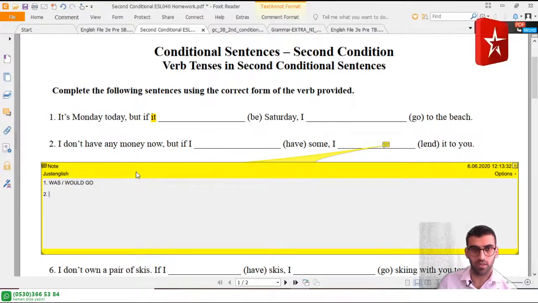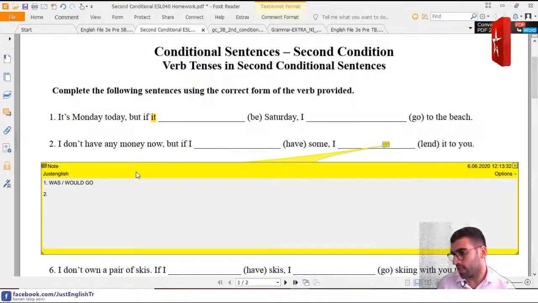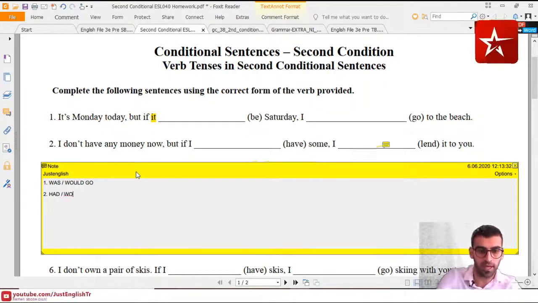So I don't have any money now, but if I had, they say, Gülsafa, Sıla, Tuko says had and would lend. Yes. The past simple form of have is had, and would we have to add because of the main clause.